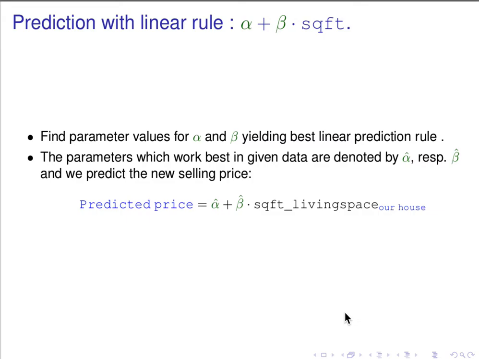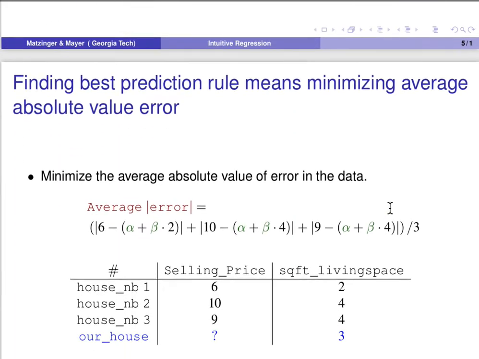We find the alpha, beta, these are the parameters, yielding the best prediction in our data set, and then having those, we denote them by alpha hat, beta hat. See here, these are those which do the best job at predicting in the data set. We predict the new selling price, which is the predicted price alpha hat plus beta hat times square foot living space of our house, which has not yet been sold.